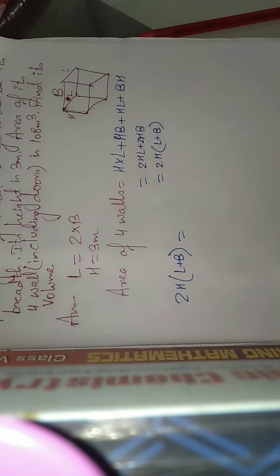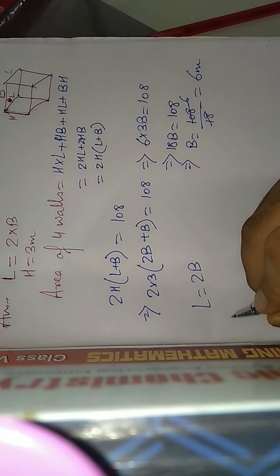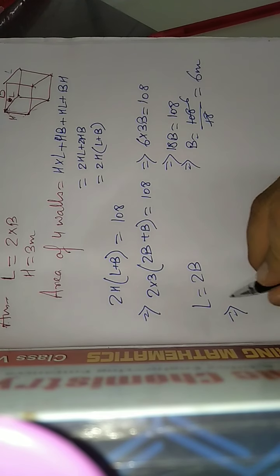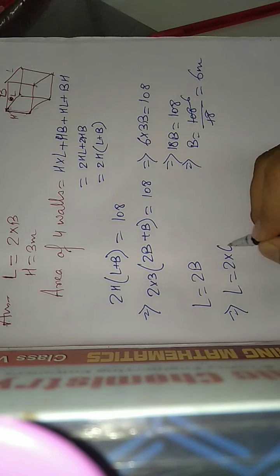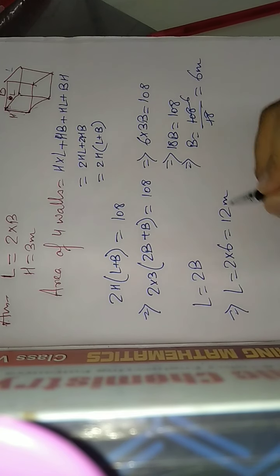So this becomes 18b equals 108. You see, students, this b value will be 108 by 18, correct? 18 5 is 90, 18 6 is 108. So the breadth is 6 meter. Since L is equal to 2b, and breadth is 6 meter, length is equal to 2 into 6, which is 12 meter.